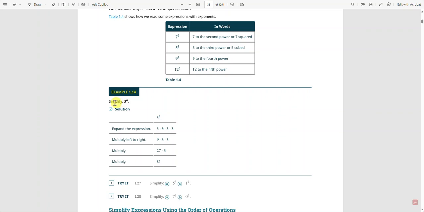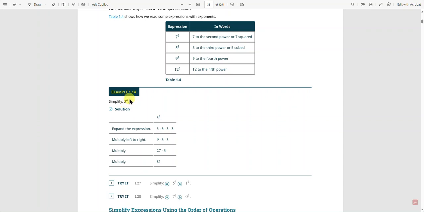Simplify is often used in algebra, not very often in arithmetic, but you'll be given some algebraic statement and be told to simplify it. That means to see if you can express this idea in a simpler way.